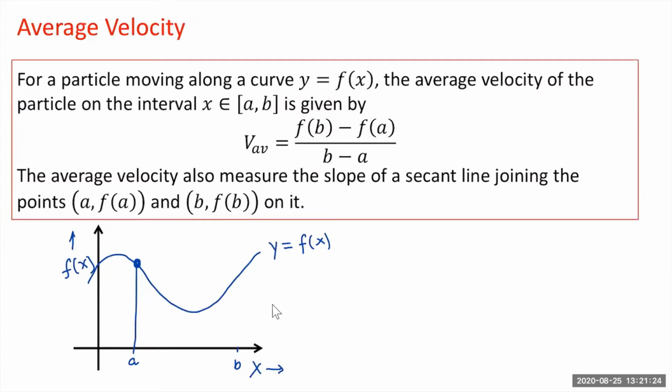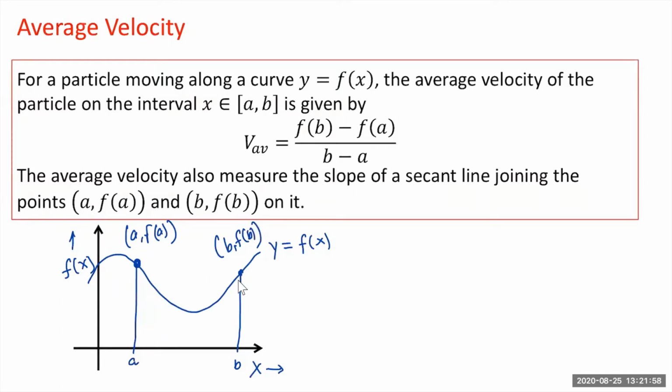Now, if you want to write the coordinate of this point, your x value is a, and the y value is the value of the function at a, which is f of a. So this is (a, f of a). And this point here, your x value is b, and the value of the function is f of b. So you have 2 points here and here.